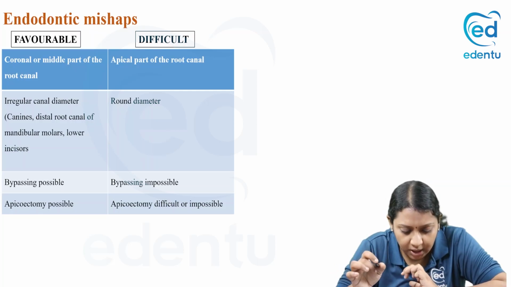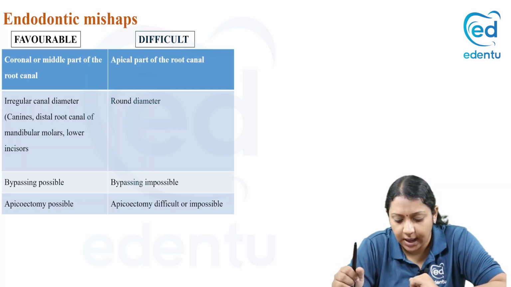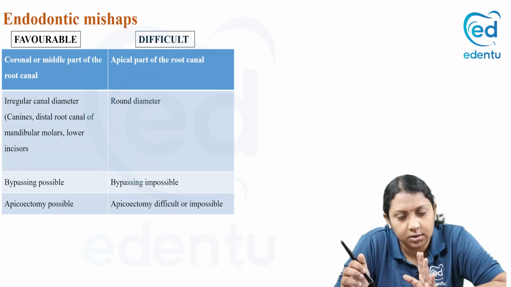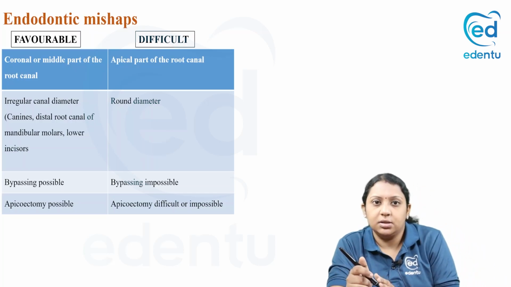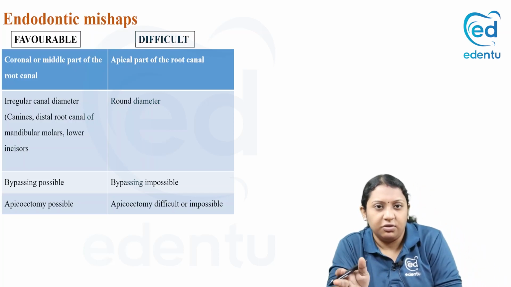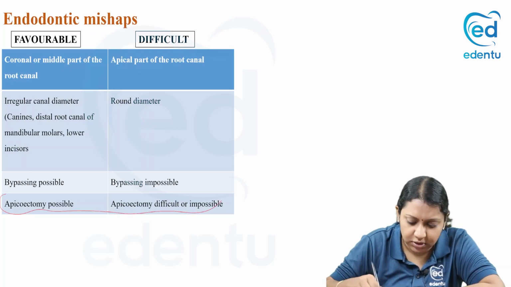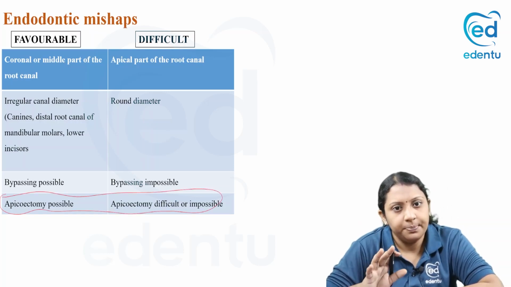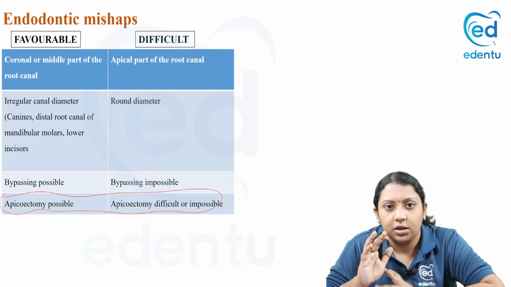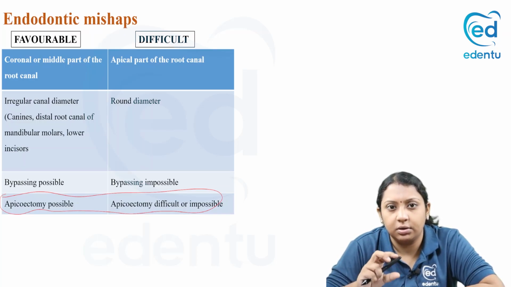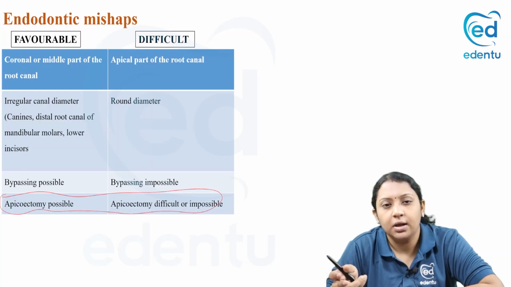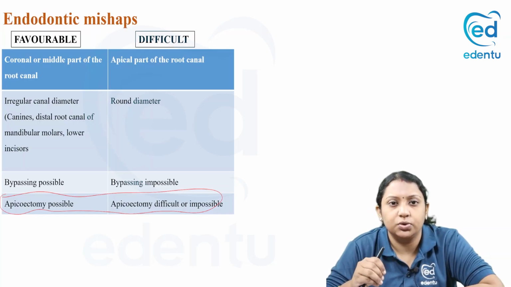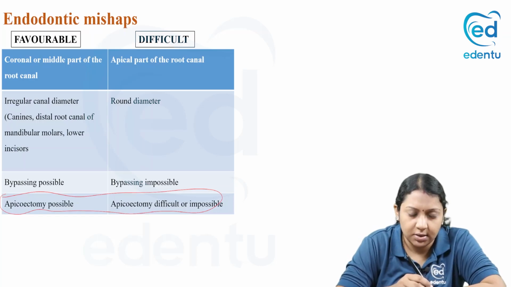Then apicoectomy is possible when it is fractured in this apical part. This is often difficult, but this is not a possible option in all the cases. So basically we have to know the factors that are affecting the favorable retrieval and also difficult retrieval, and also the measures that are used to retrieve the separated instruments.